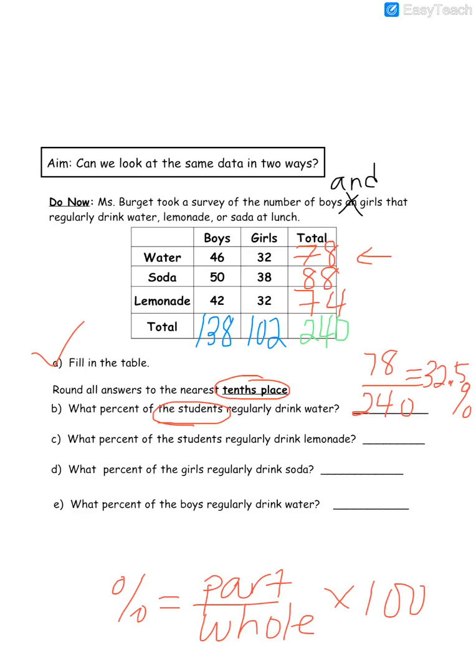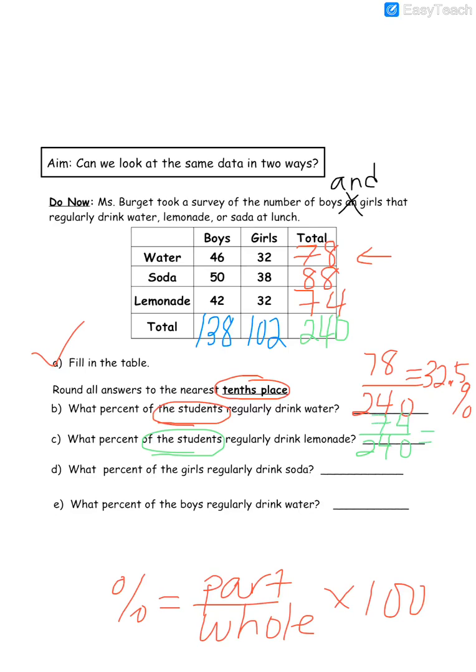Okay, what percent of the students regularly drink lemonade? Okay, so you're going to take a moment and you're going to figure this out yourself. So again, it says what percent of the students drink lemonade. So again, the denominator this time is 240. We're going to look to see how many of them drink lemonade.